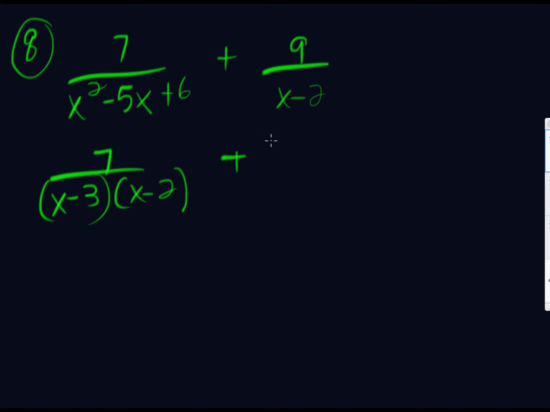And then if I look at that second expression, x minus 2 does not factor. So we can easily say that our LCD is x minus 3 times x minus 2.